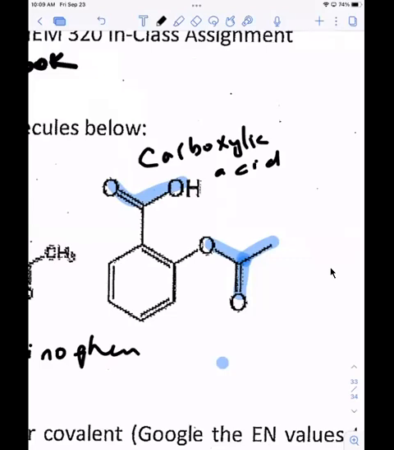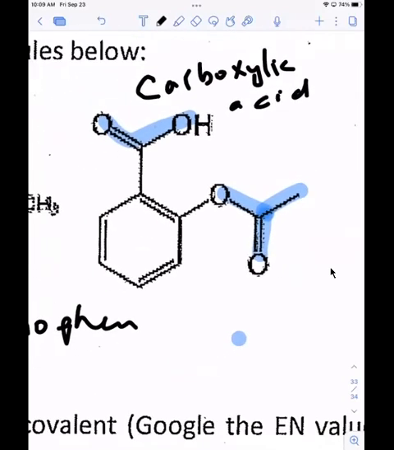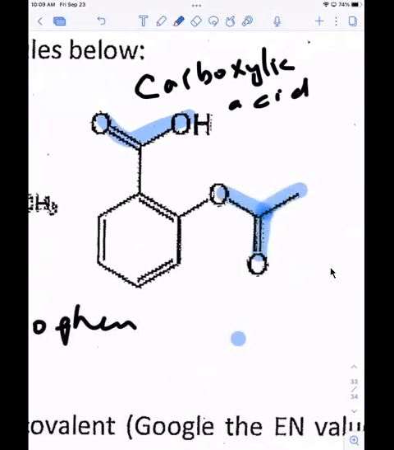What about on the bottom? See, they both have C double bond O. They both have that motif. You can see it right here. But what's on the O matters. If it's a hydrogen, then it's a carboxylic acid. If it's a carbon, which in this case, that oxygen is bonded to a carbon, what is it now?